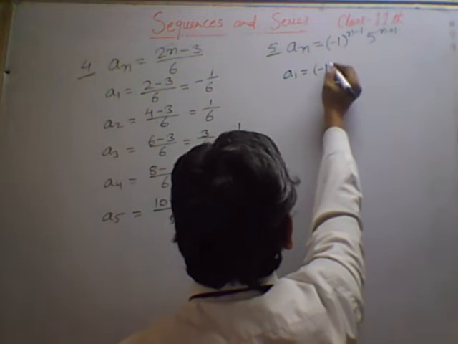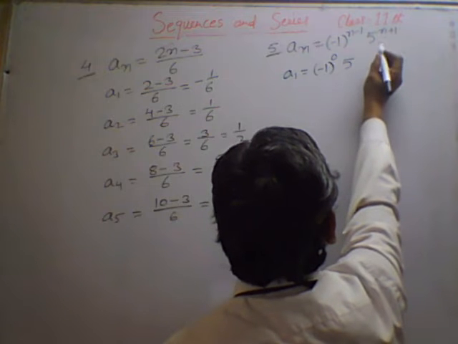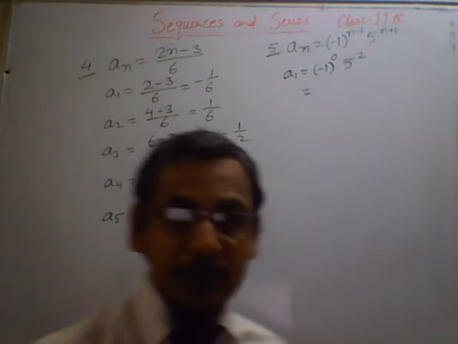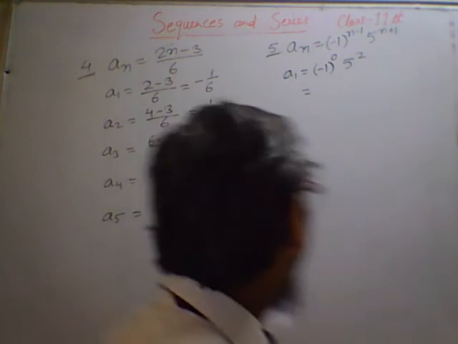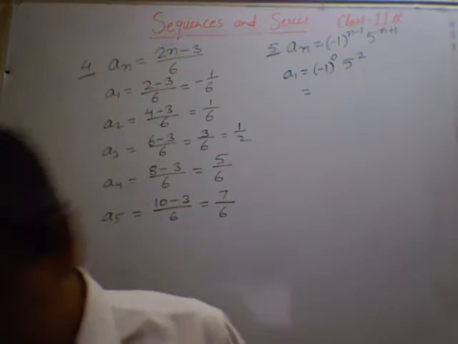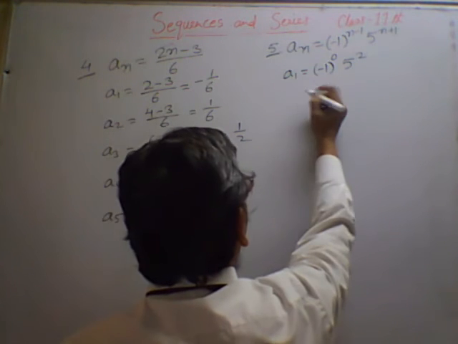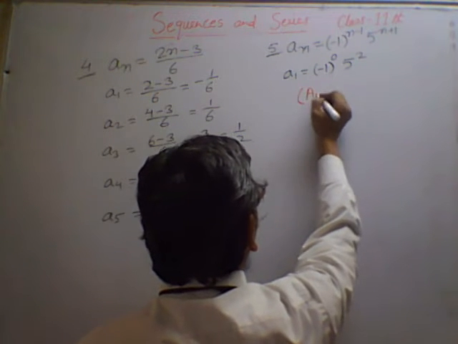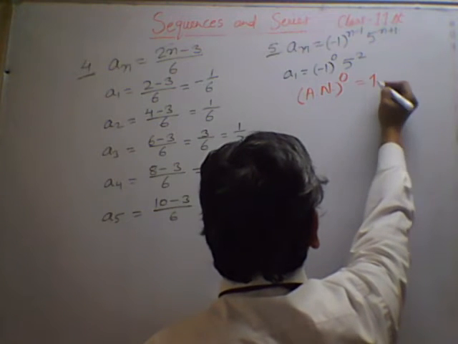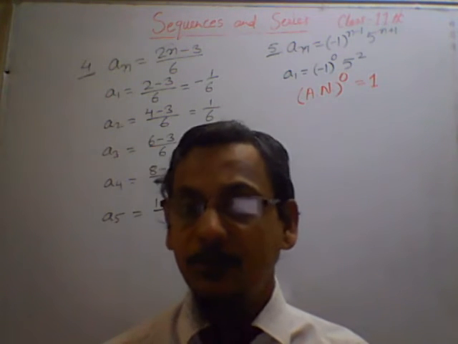A1 is equal to minus 1 raised to the power 1 minus 1, which is 0, over 5 raised to the power 1 plus 1, which is 2. So students, any number raised to the power 0 equals 1. And this is the formula. I will write it in the red marker. Any number a raised to the power 0 equals 1. Either this number is 100, 1000, 1, 2, 3, any number.